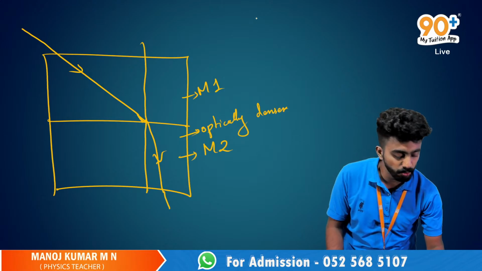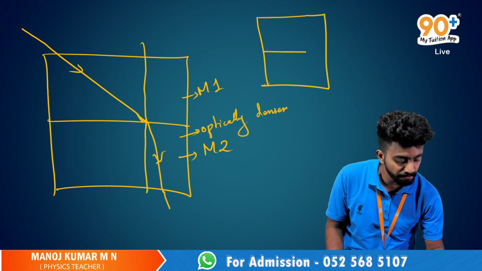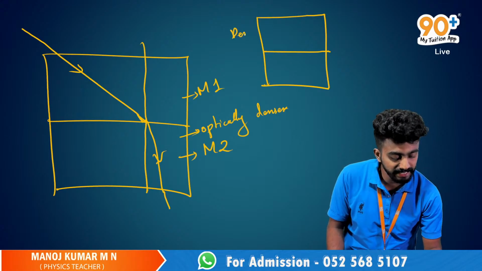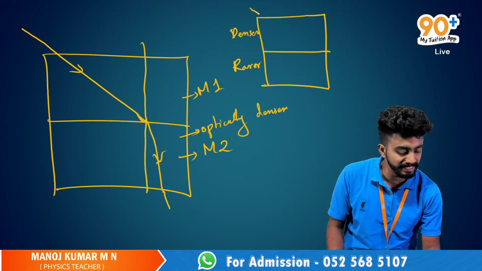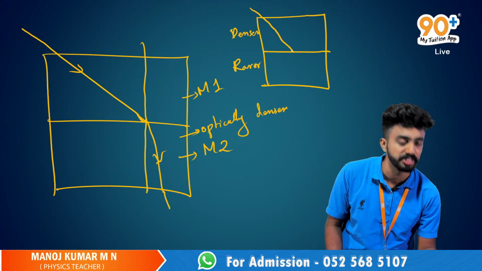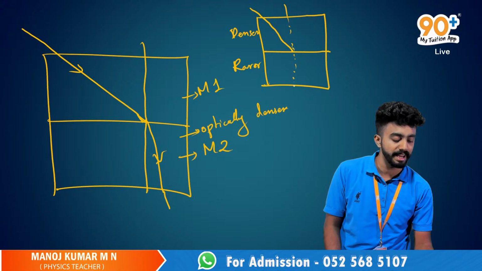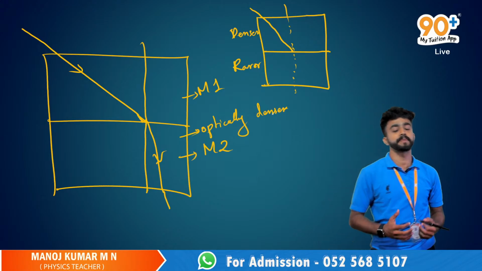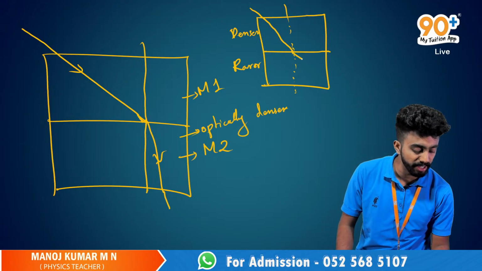And in the case of two mediums, which is denser to rarer: in the denser medium, the light rays are very restricted. But when it comes to an optically rarer medium, light rays have more space, the particles are not closely packed, so the light rays will move according to their wish.